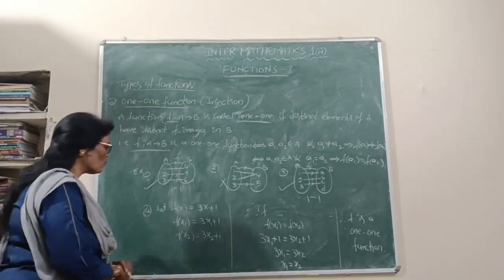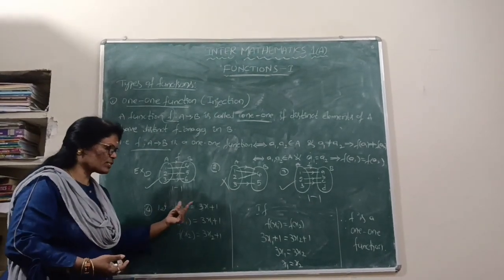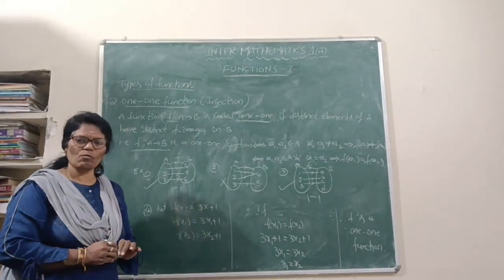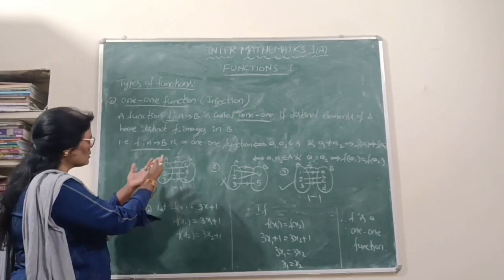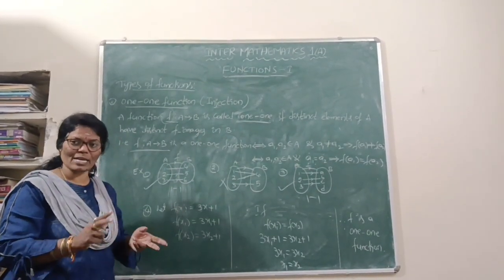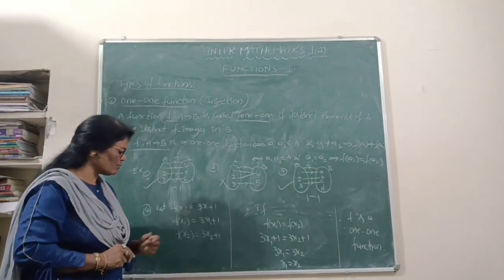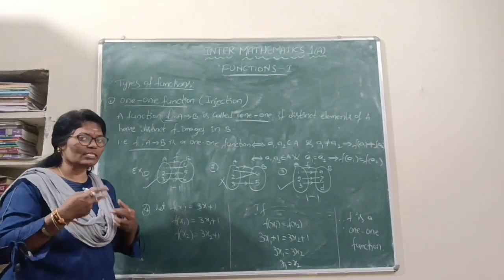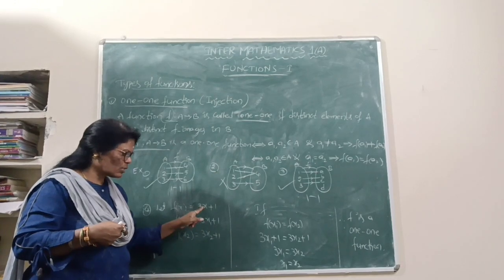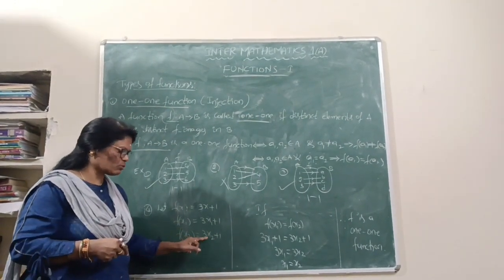And one more. Suppose f of x equals some linear equation I am taking, 3x plus 1. By using the one-to-one condition, we will prove whether this function satisfies the one-to-one condition or not. F of x is equal to 3x plus 1. Now we have to take distinct elements, so f of x1 is equal to 3x1 plus 1, and f of x2 is equal to 3x2 plus 1.